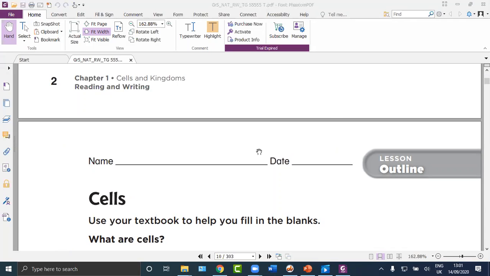Ammar Khalid, read question number 1, page 3 workbook.